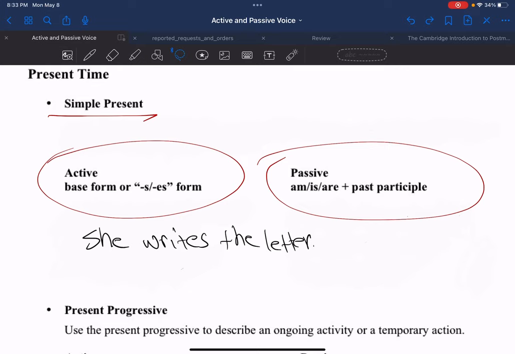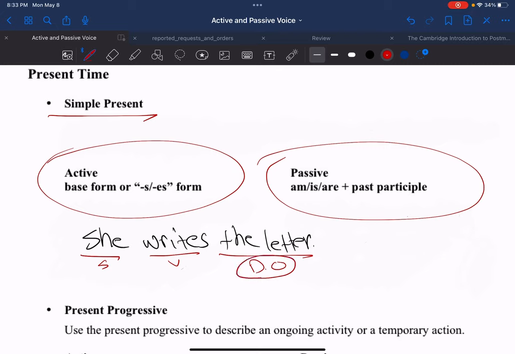Now, what do we do? We change this to passive. First things first, we find out the object. She, subject, verb, and now what did she write? The letter. This is your direct object.